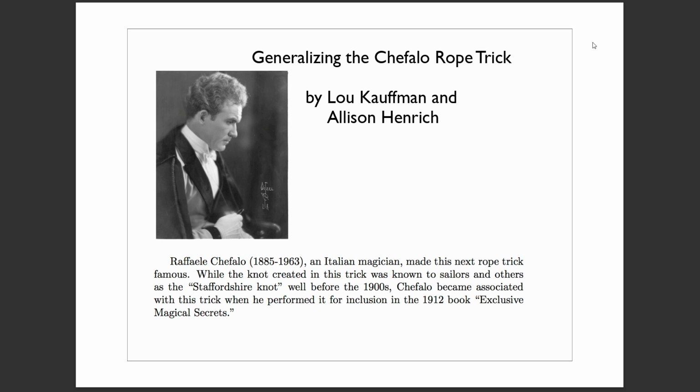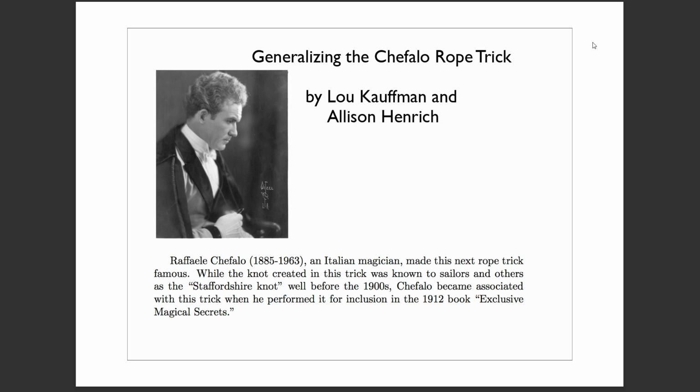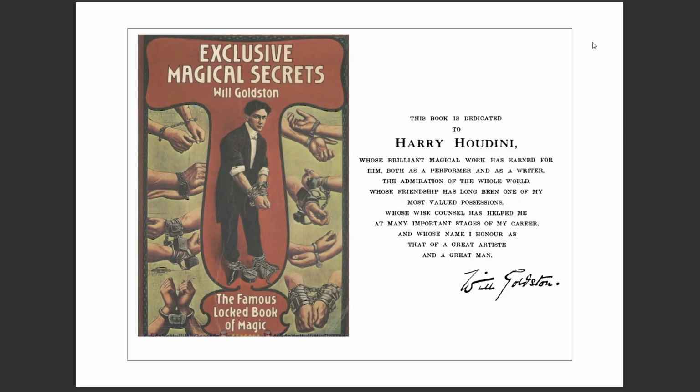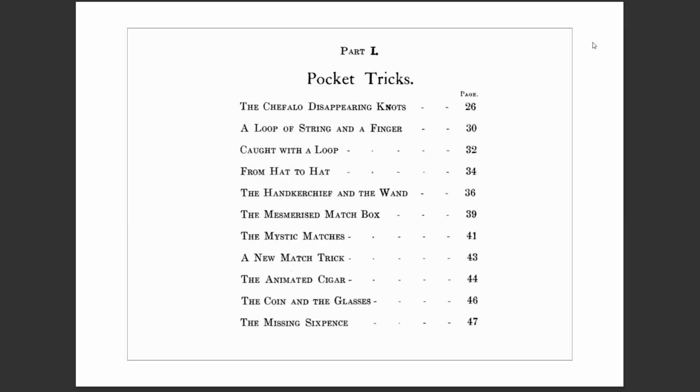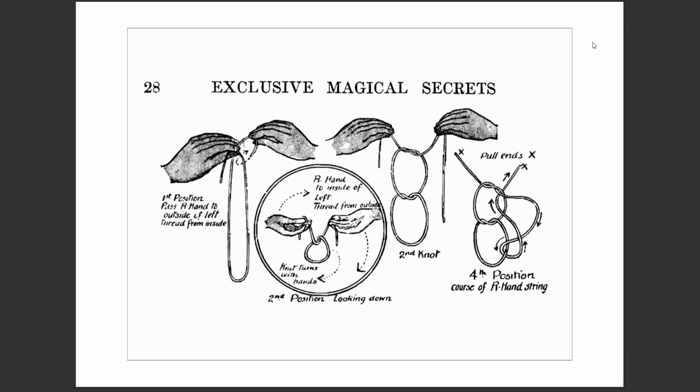He performed it for inclusion in a 1912 book called Exclusive Magical Secrets by Goldston, which is dedicated to Houdini. And this trick, in fact, occurs in a prominent place in the beginning of the book. And this is his diagram for the trick.